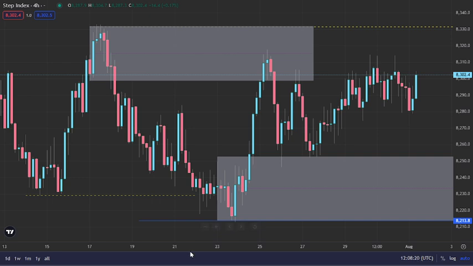But I won't go much deeper into this. These are supply and demand zones, or supply and demand regions. So I won't go much deeper. We will continue as the book unravels what is happening. Okay.